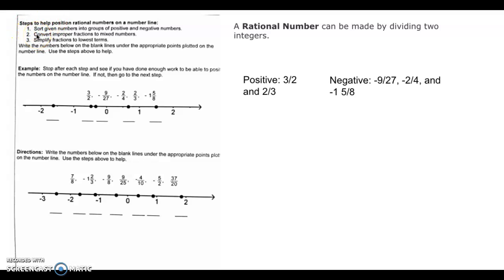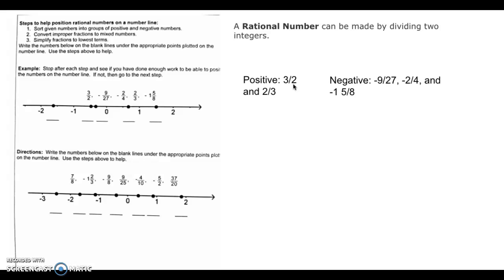Step number 2, convert improper fractions to mixed numbers. Let's see, 3/2, that's definitely an improper fraction. Remember, an improper fraction is when the numerator is bigger than the denominator. If you need to remember how to solve them, go back to some of our past lessons or look inside your math notebook.